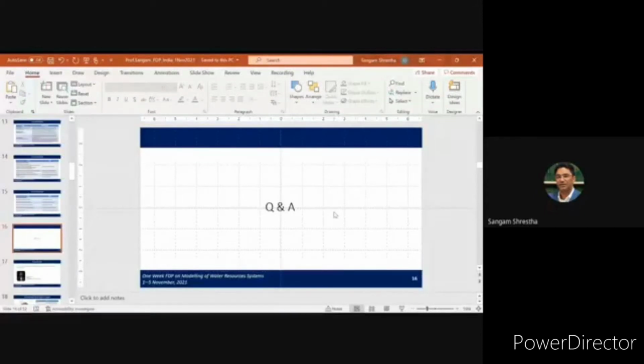So that's the assumption we have to make. There are no other ways to validate the future climate data, because this is happening in the future time period, right?